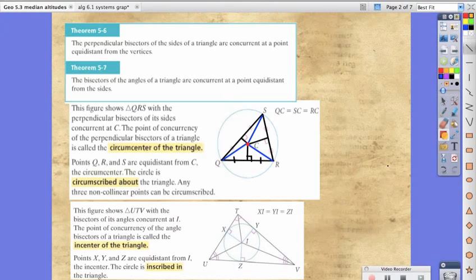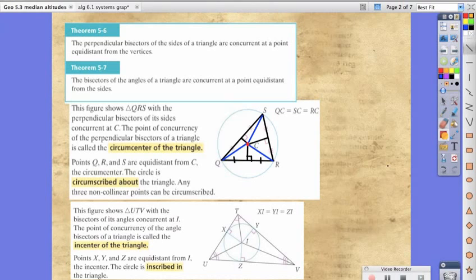counts as the circumcenter of the triangle. Now, circum usually means to navigate around, and in this case, it's the same thing. The circumcenter of the triangle basically means we're going to create a circle with center C that goes around the triangle.